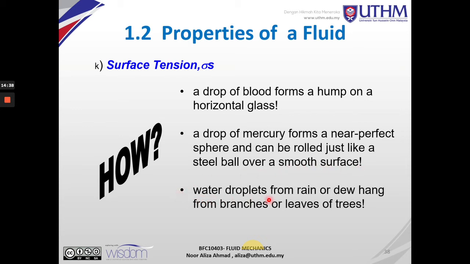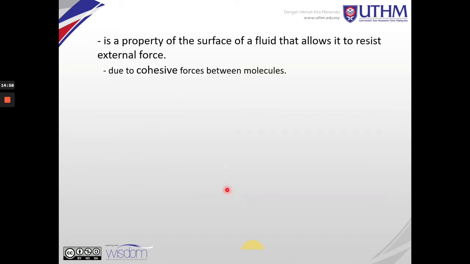Water droplets from rain or dew hang from branches or leaves of trees. So this is how surface tension is applied.